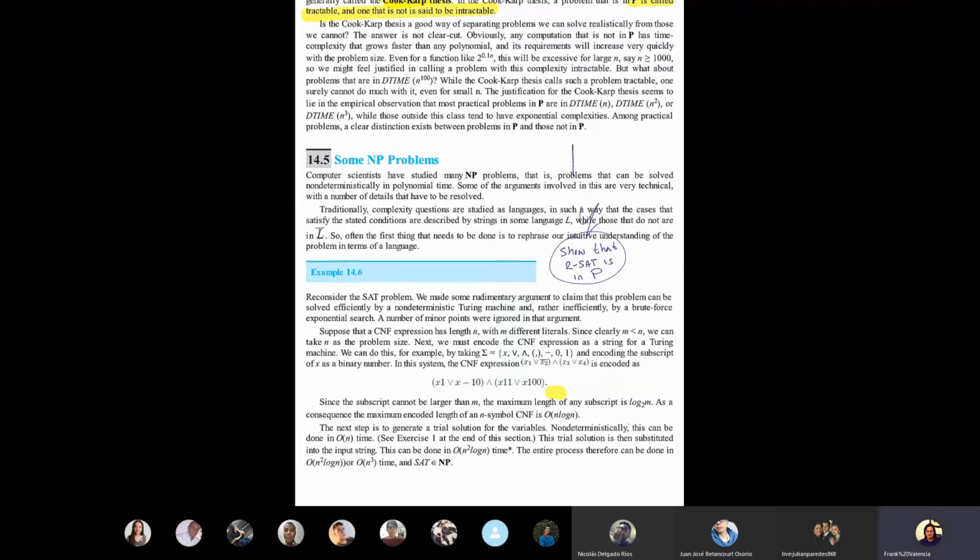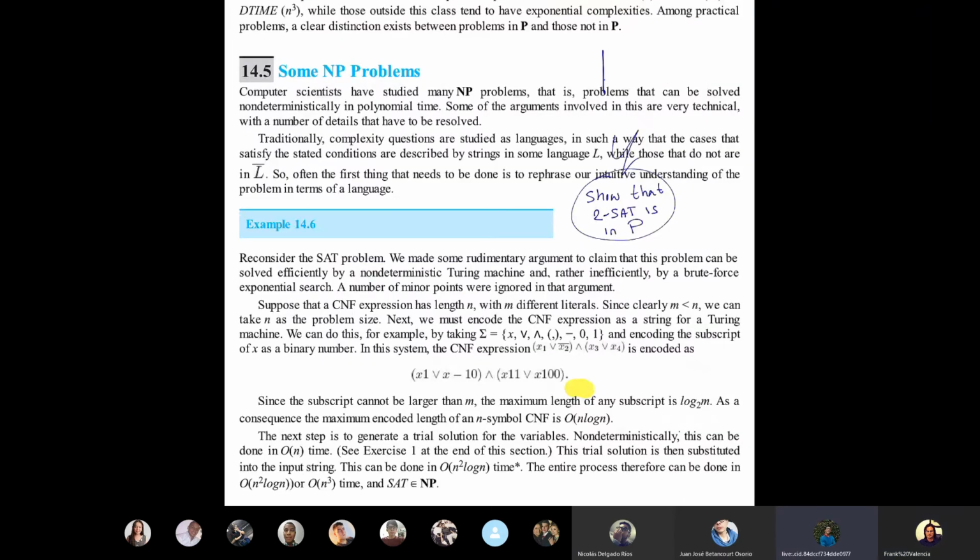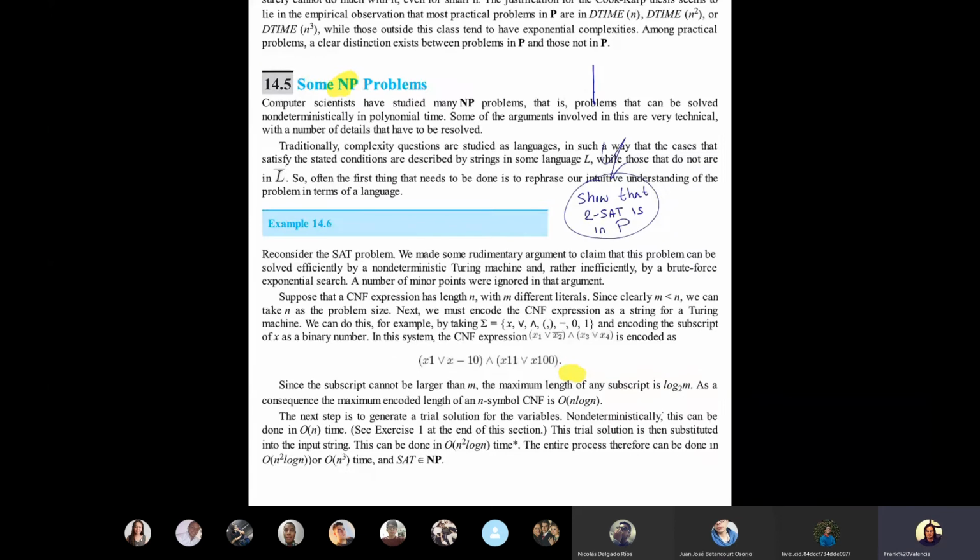Do you remember the strategy? Nicolas? Yeah, the only way was to generate the truth tables. Yeah, you just guess one of the assignments, right? And then you check if that assignment satisfies the formula. Any questions there?